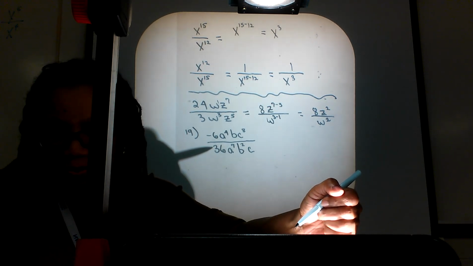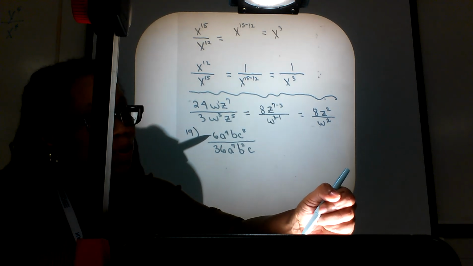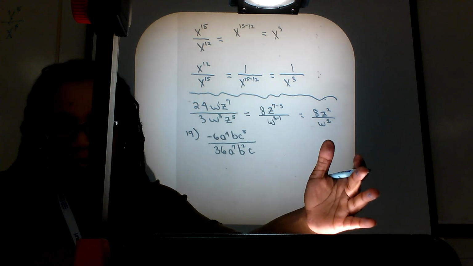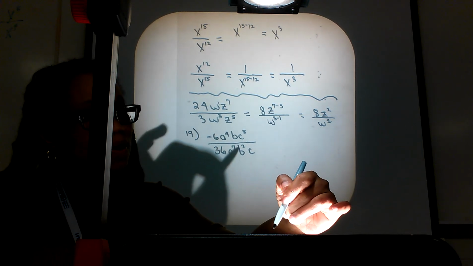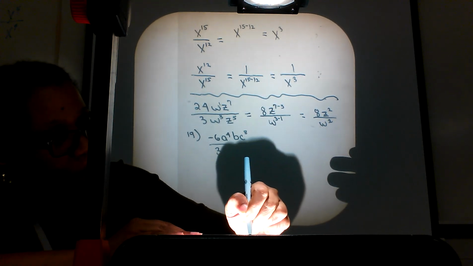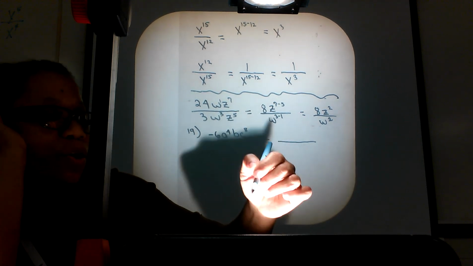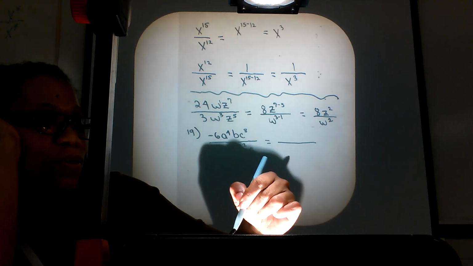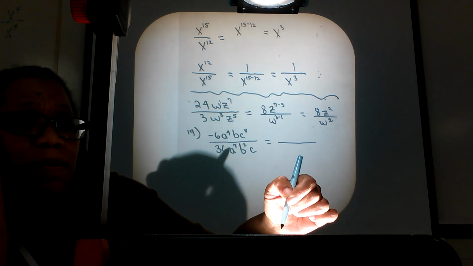Now, this, I want to take care of my numbers first. I have -6 over 36. So I say always draw your division line, because you know something goes on the top and something goes on the bottom. Examine the problem before you even do the problem.